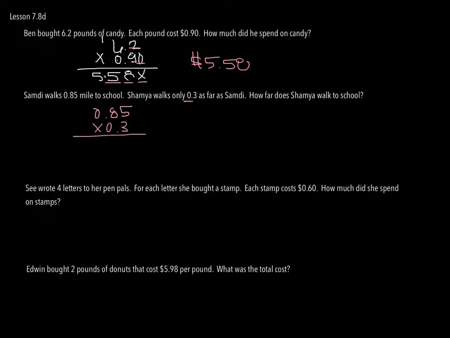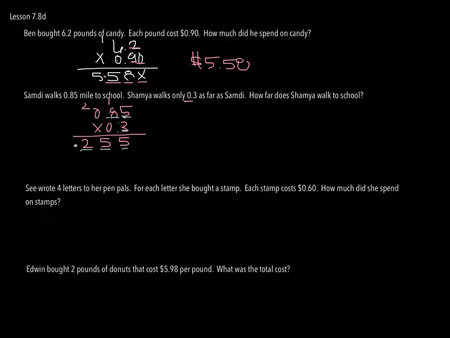Times 0.3. Multiply that out. 5 times 3 is 15. Write down the 5, carry the 1. 3 times 8 is 24, plus 1 is 25. Carry the 2. 3 times 0 is 0, plus 2 is 2. Now we count the number of spots to the right of the decimal point in the problem. So this is 1, 2, 3, so we're going to have 1, 2, 3.